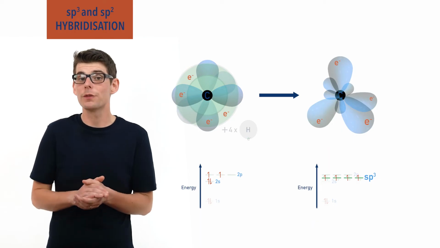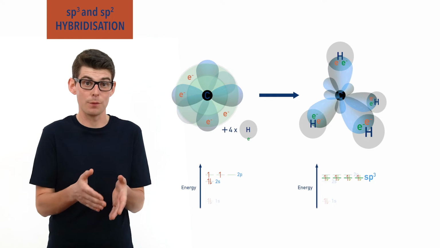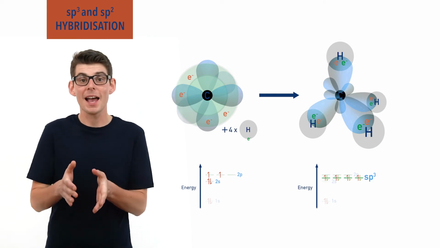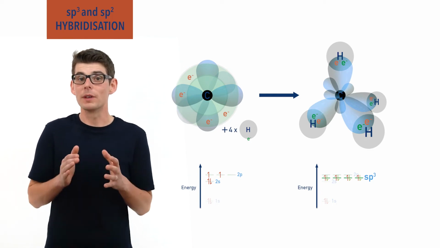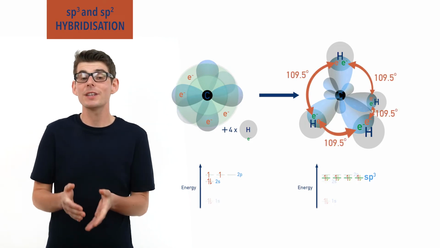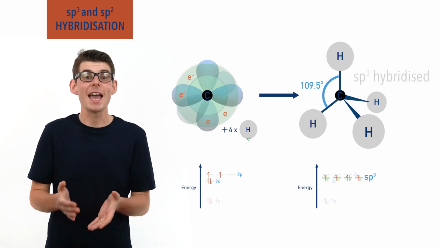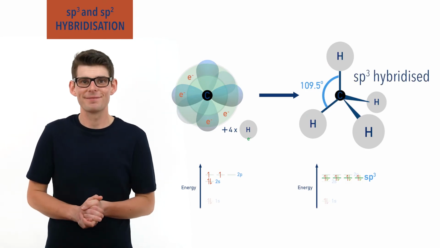This results in the formation of 4 sigma bonds between hydrogen atoms, that also have one electron in their 1s orbital, and the carbon atom, with the bond angles all being 109.5 degrees, giving a tetrahedral structure. The carbon is said to be sp3 hybridized.